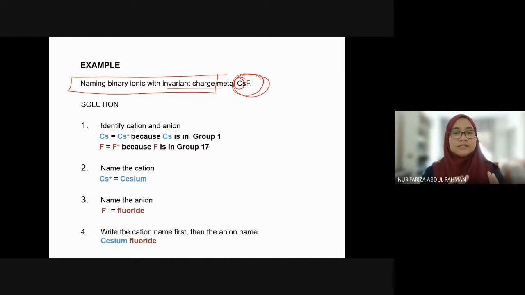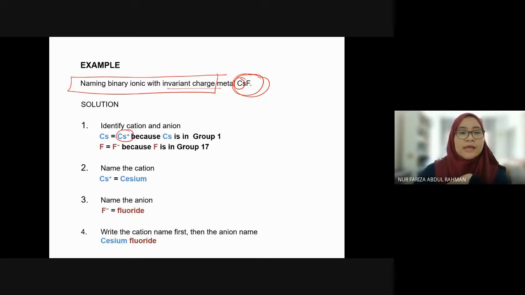Even for ionic compounds, we have 2 different naming styles depending on the metal in the compound. Cesium comes from group 1, and all elements in group 1 have a positive 1 charge, so the cation is Cs+.